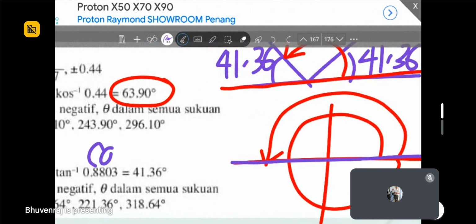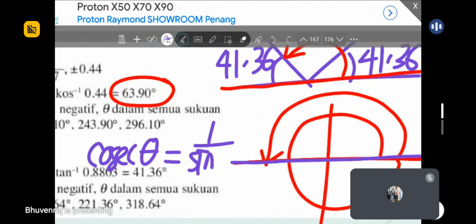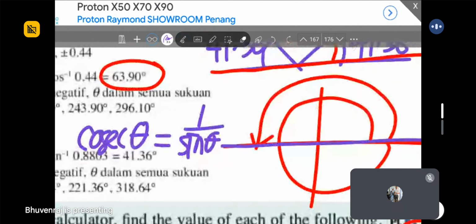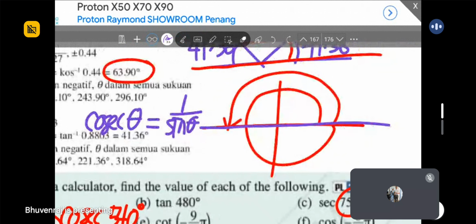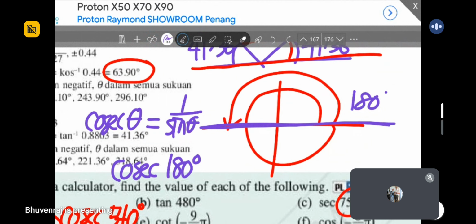So cosec theta equals 1 over sine theta. So sine theta, second quadrant, positive or negative? Positive, right? But now my theta is 180 degrees. Why? Because my angle is over here, guys.